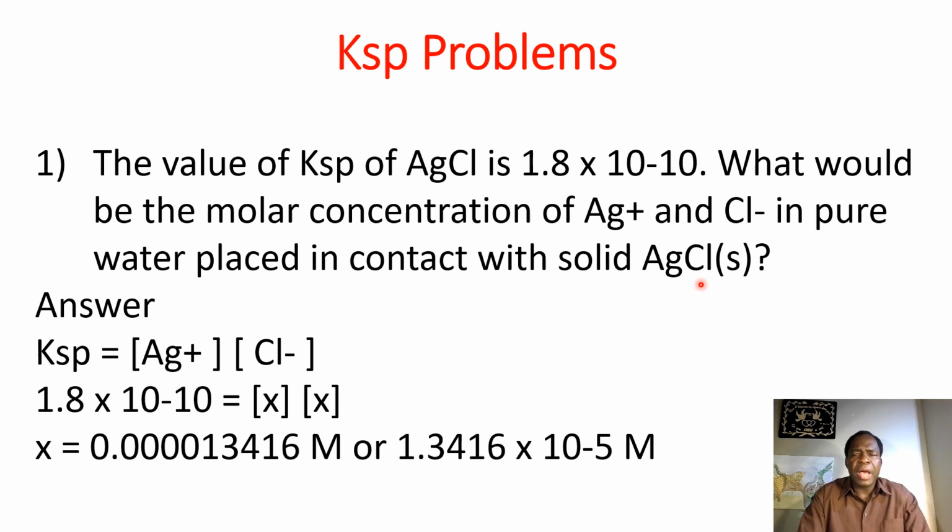Okay, so you are given the Ksp of the compound, and you are asked to calculate the molar concentration of the ions the compound will dissolve into when the compound is dissolved in a solution.